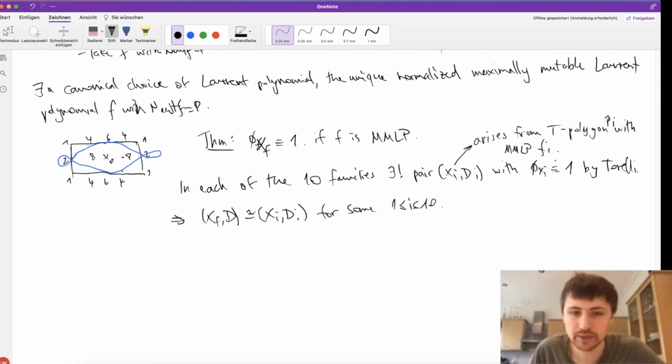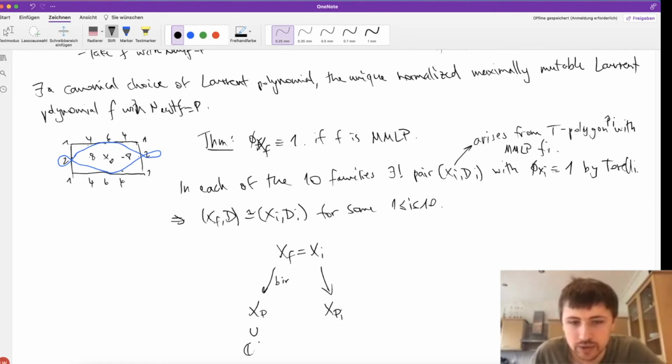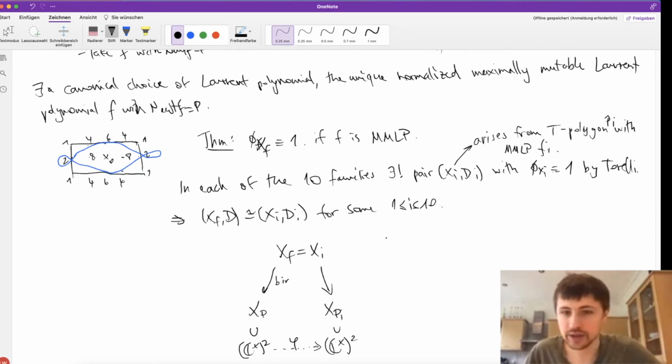So we have the following diagram. So we have X_F, which is isomorphic to X_i at the top. Then we construct X_F by blowing up a bunch of points on the toric variety X_P, and X_i is constructed by blowing up points on the toric variety X_{P_i}. Inside here, we have a dense torus, and inside here, we also have a dense torus. So we have a birational map here. The phi is a birational map.